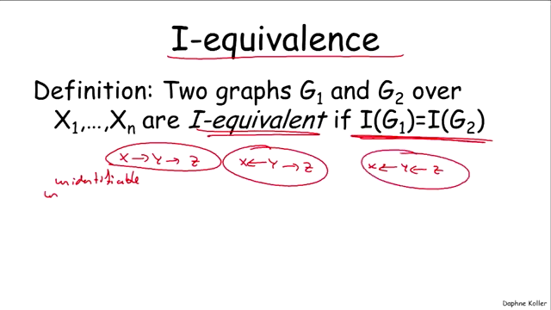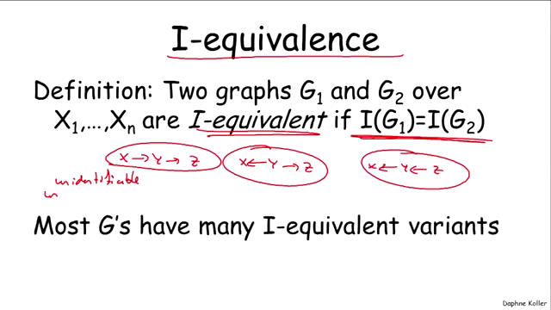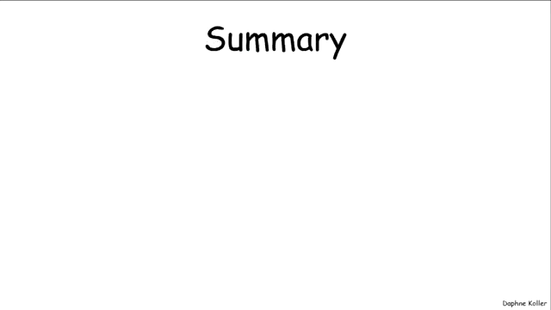So without prior knowledge of some kind, for example, that we prefer x to be a parent of y, there's no way for us to select among these different choices. And it turns out that this is not an exception, rather it's the rule. Most graphs have a large number of I-equivalent variants, and that turns out to be a complicating factor, especially when we get to learning models from data.